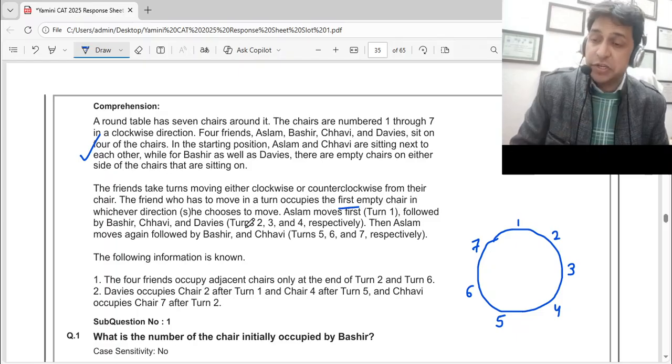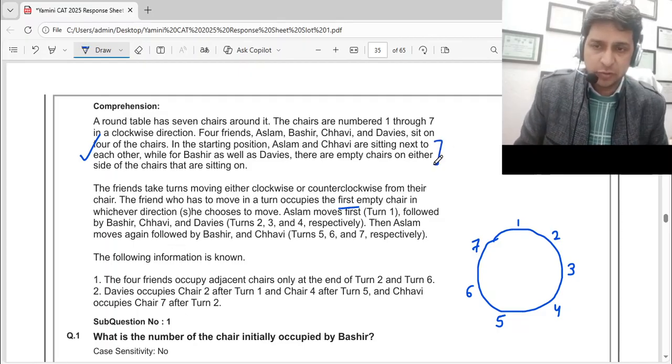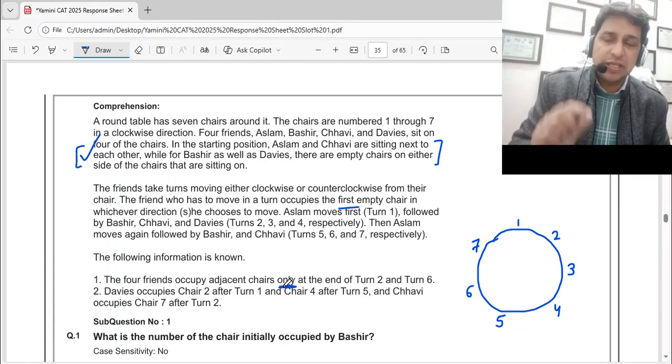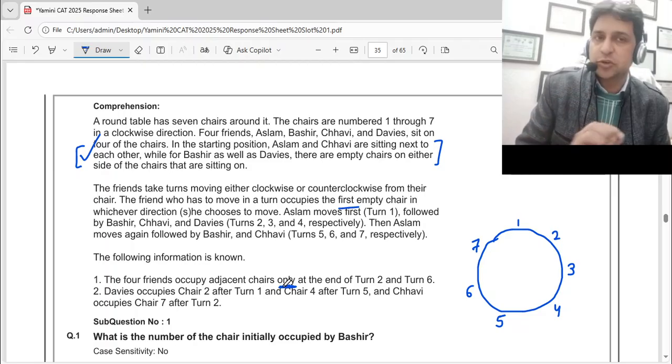The following information is known. The 4 friends occupy adjacent chairs only at the end of turn 2 and turn 6. That means in the beginning they are not together, and that is obvious from here also. Only, that is an important word. That means only after turn 2 and turn 6 they should be all together.